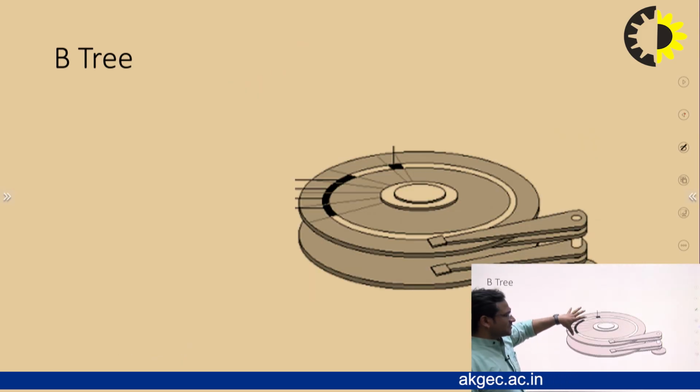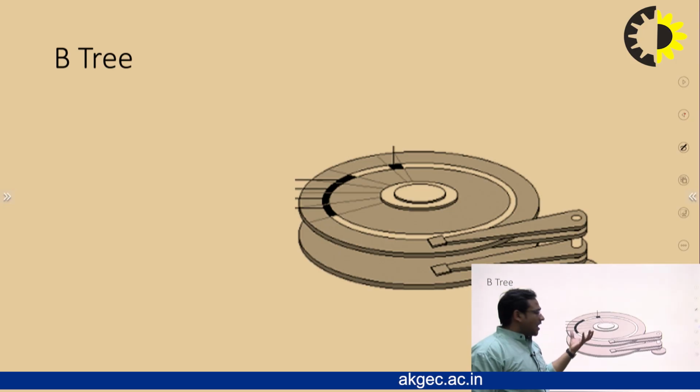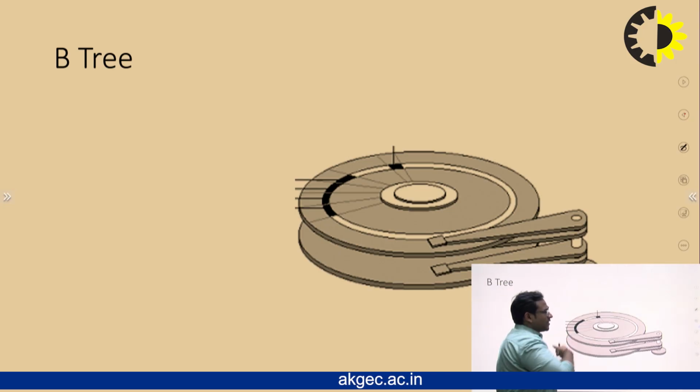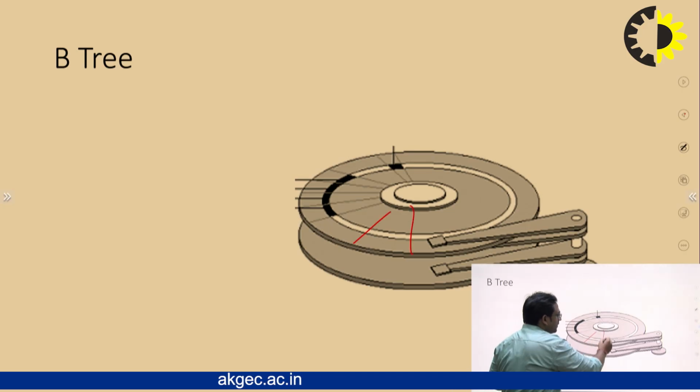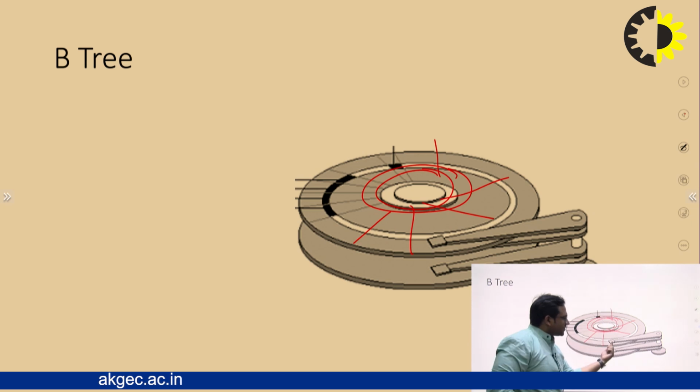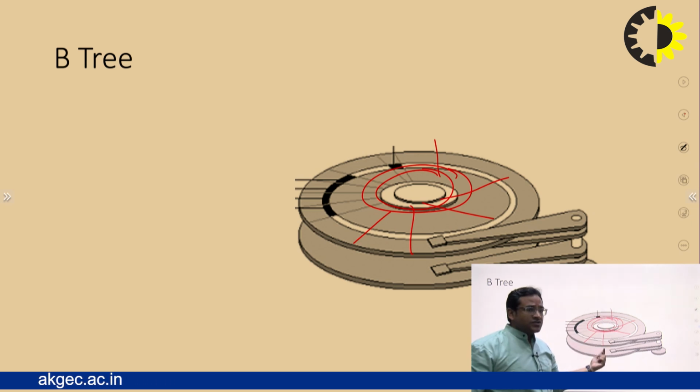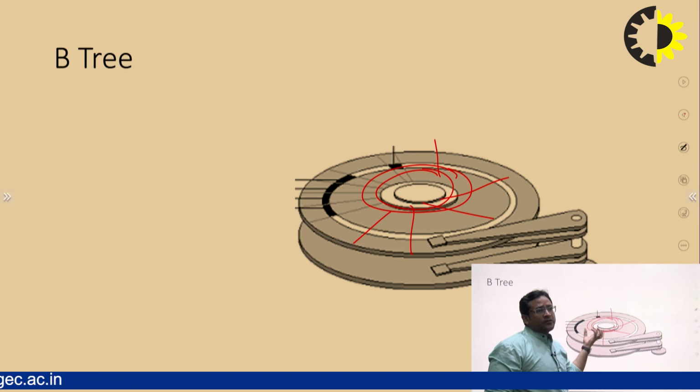You can see this is the example of a hard disk. The hard disk is in rotation form, and there are some sectors divided like this, and there are some tracks. And this is the head, which is used to read the data from the hard disk.